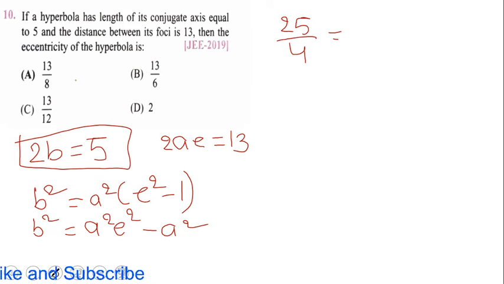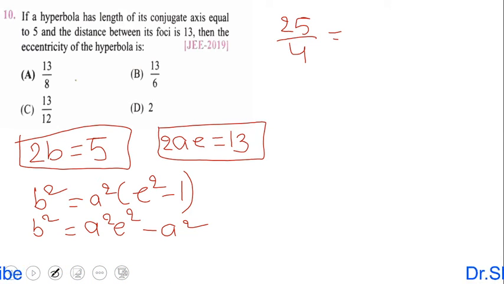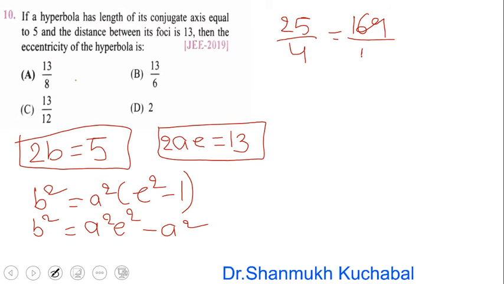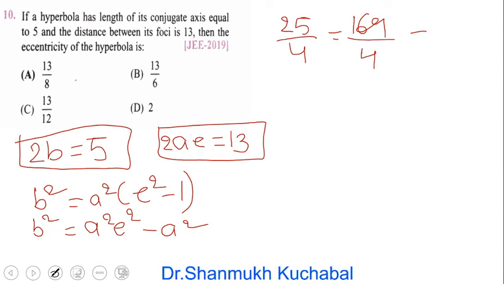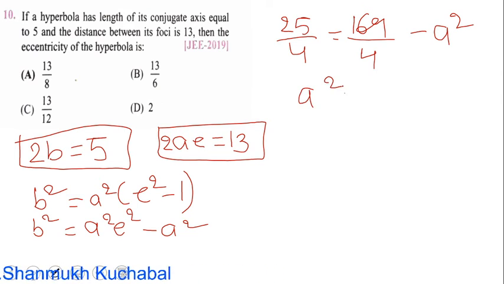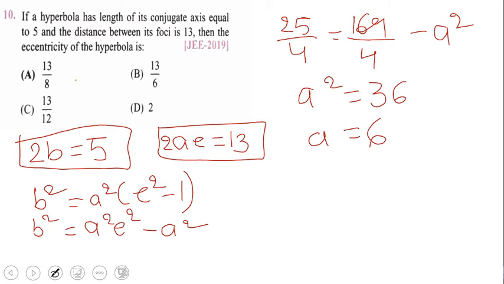Then 2ae is 13, so ae is 13 by 2, and its square will be 169 divided by 4 minus a square. Then we'll solve for a square. We get a square as 36, and a as 6 here.